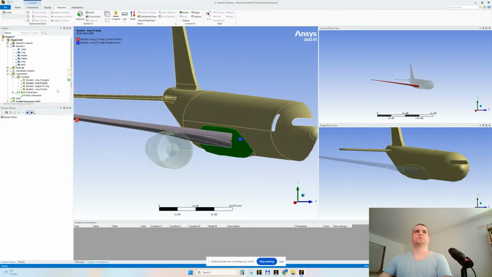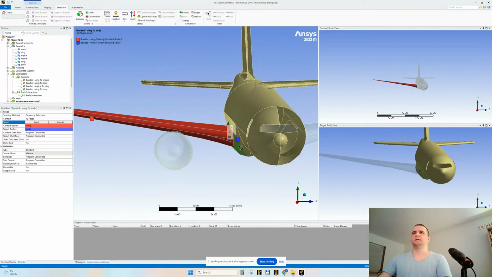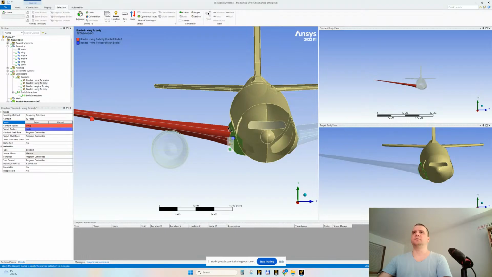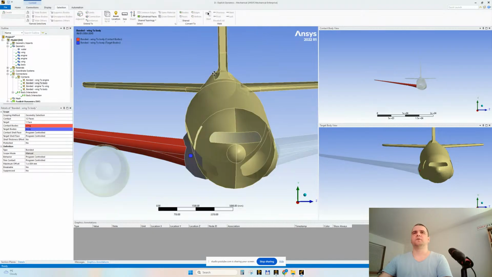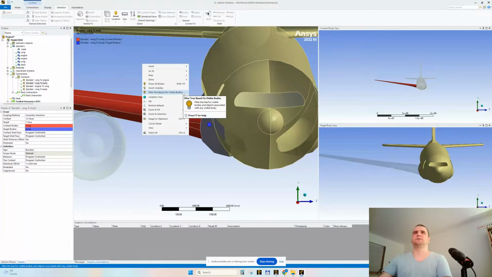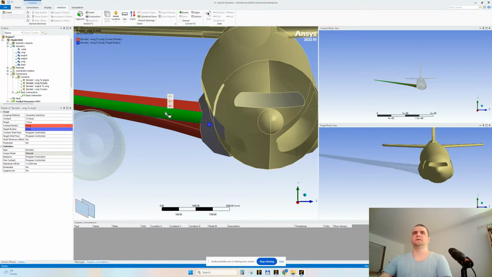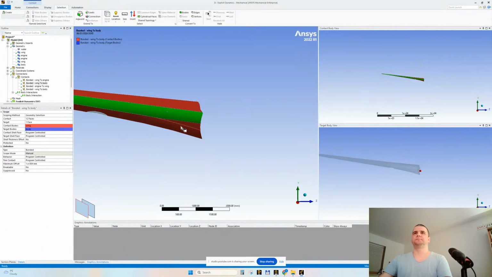So I want to contact these with this. Can we select the edges only? For the wing, can I select the edges? Let's see. Right click, cursor mode. Face, click, hide all other bodies.